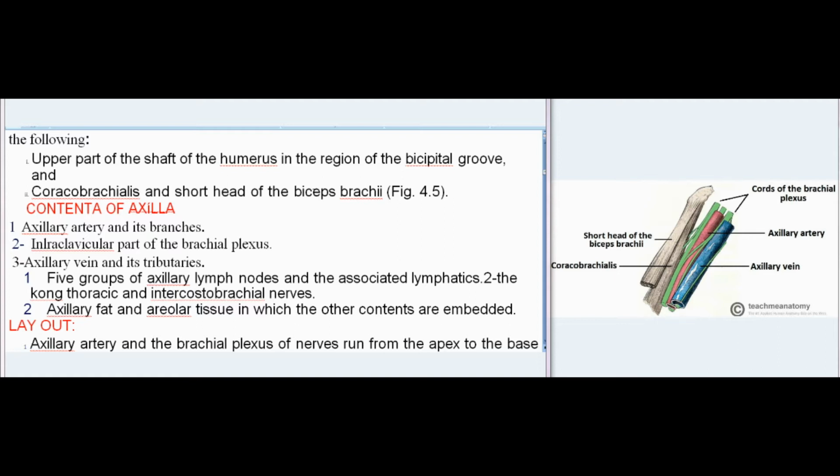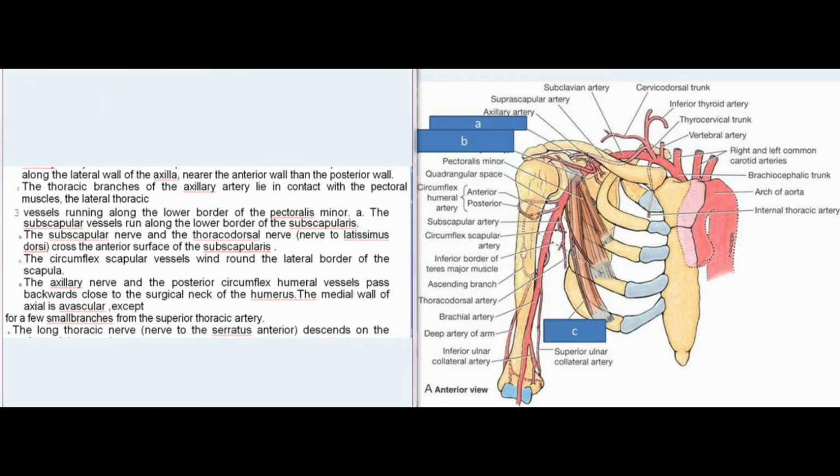Layout: 1. The axillary artery and the brachial plexus of nerves run from the apex to the base along the lateral wall of the axilla, nearer the anterior wall than the posterior wall. 2. The thoracic branches of the axillary artery lie in contact with the pectoral muscles, the lateral thoracic vessels running along the lower border of the pectoralis minor.